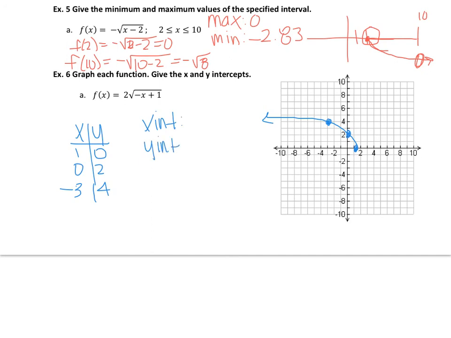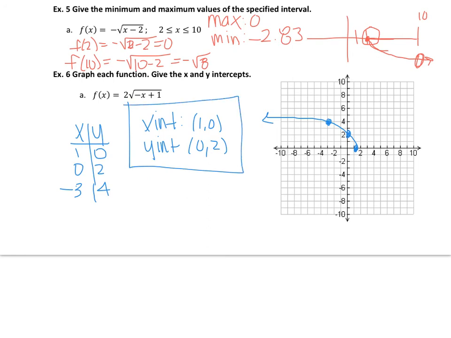So, as far as x-intercepts, where does it cross the x-axis? It crosses the x-axis at 1, 0. And my y-intercept, so where does it cross the y-axis? 0, 2.